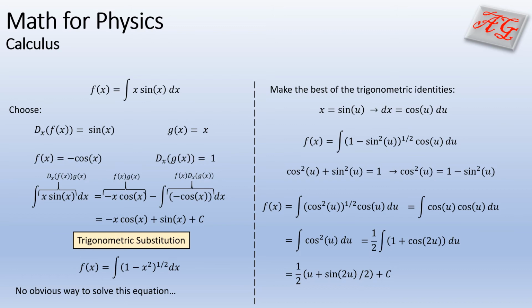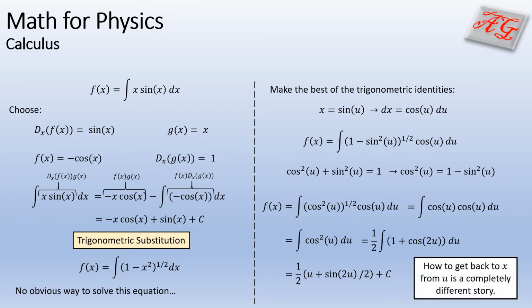But it still looks complicated. For this, you can use the double angle formula to simplify to an easier integral that finally yields that f of x is 1/2 of the sum of u plus 1/2 of the sine of 2 times u plus the integration constant c. The intermediate steps, I leave them to you.